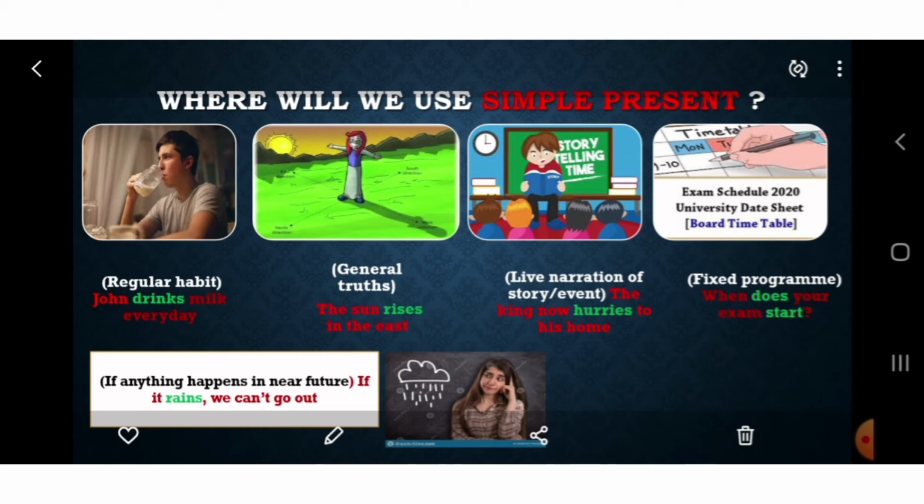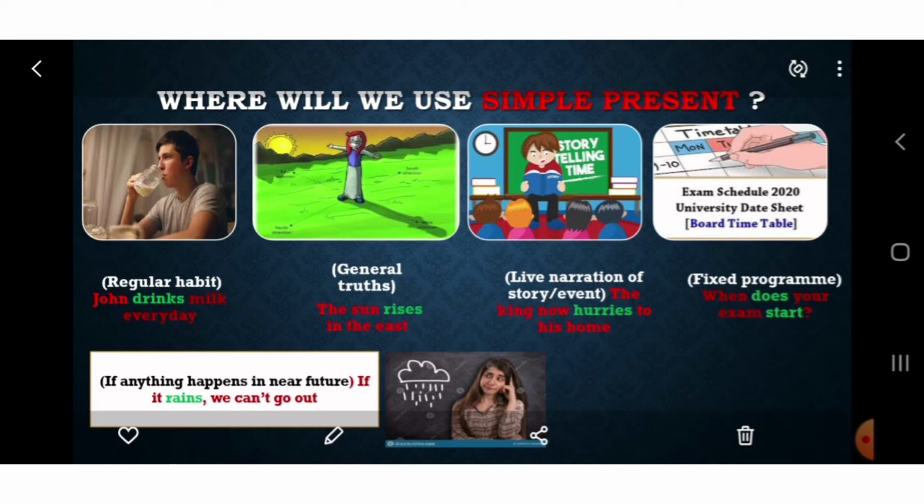Now you may ask that since the story is written in the past tense, it is not taking place right now, so why will we use present tense here? Although the story took place in the past, the person is narrating, he's telling the story live in front of the children.